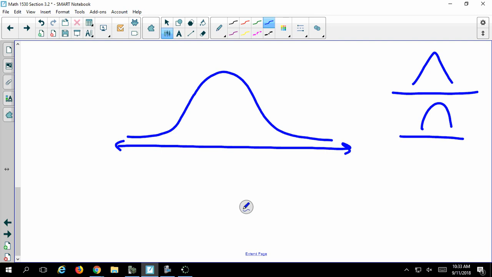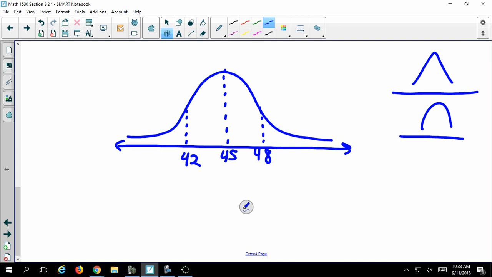The mean goes right in the middle, so we're going to put 45 in the middle. That's our mean. The standard deviation is what? 3? So I'm going to mark off a standard deviation to the left and right. 48 and 42.